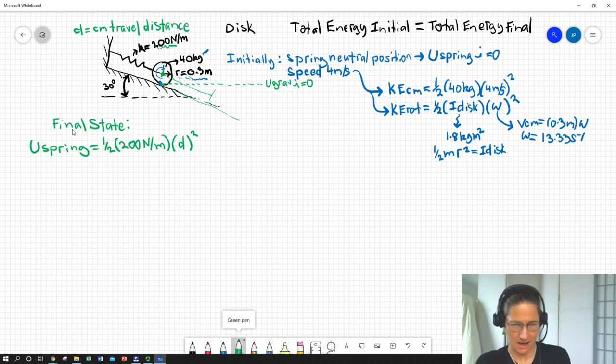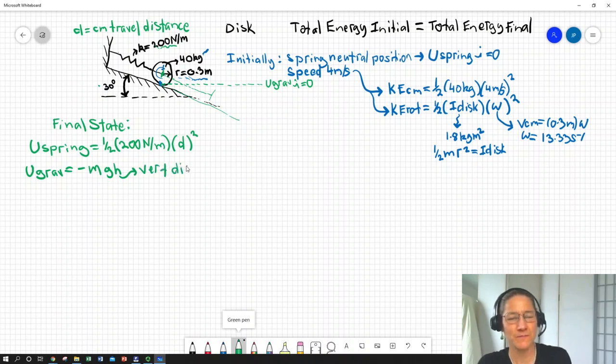Okay, and we can use our slope angle to say our gravitational potential energy is going to end up being a negative mgh, where h is the vertical distance traveled downward, which is simply going to be our distance along the slope times sine of 30 degrees.